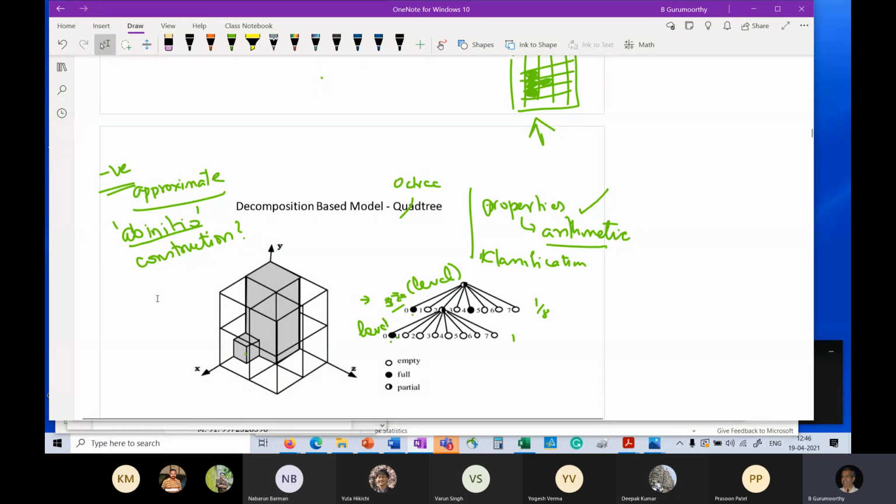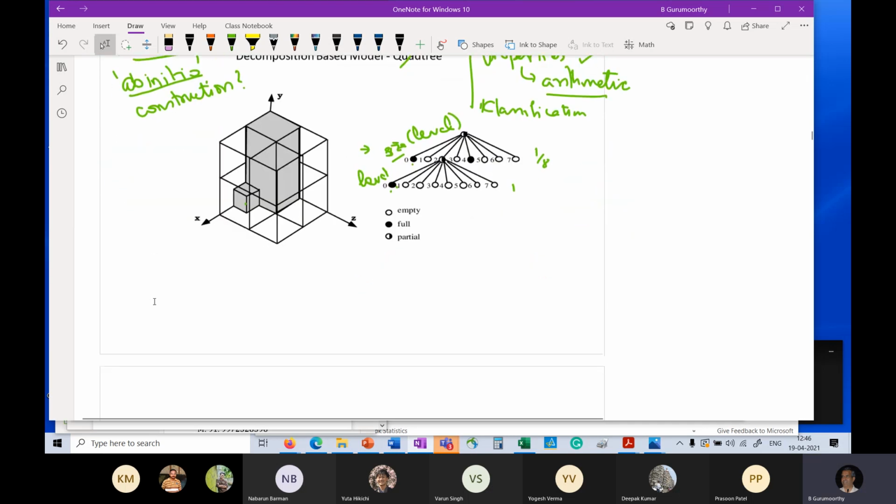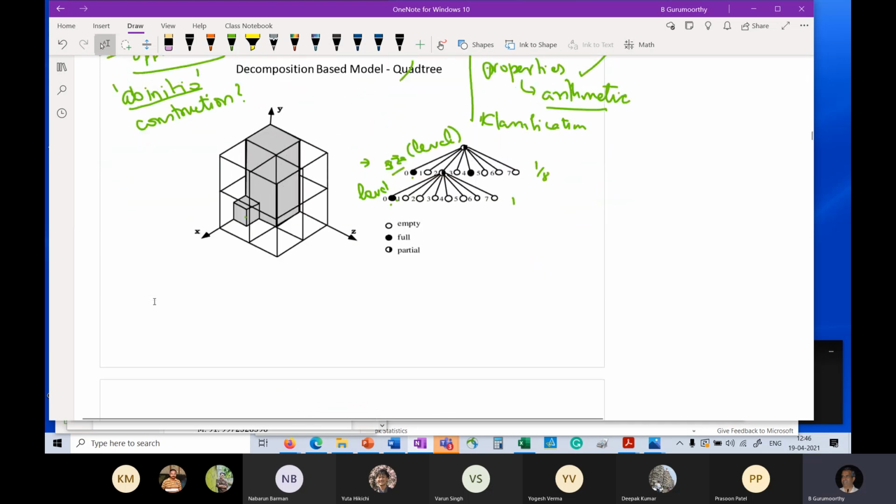And therefore, the whole idea of this point set being enumerated using cells or octrees is not very attractive, because you need a different representation first to start with. And so now we are back to square one as to what that representation should be.